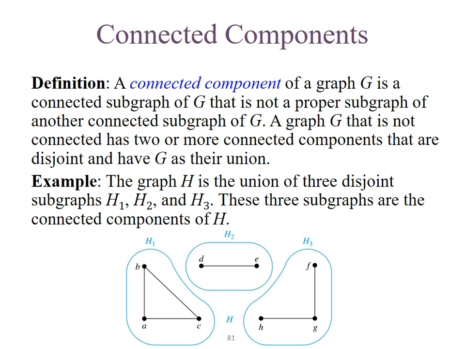So in this case, we have H1, H2, H3 as subgraphs, which are connected components. You can also call these connected subgraphs. So in this case, H is not a connected graph, but we have connected components H1, H2, and H3.